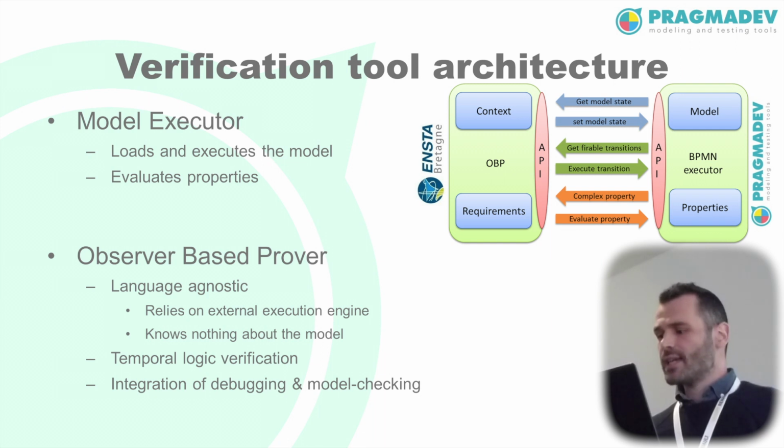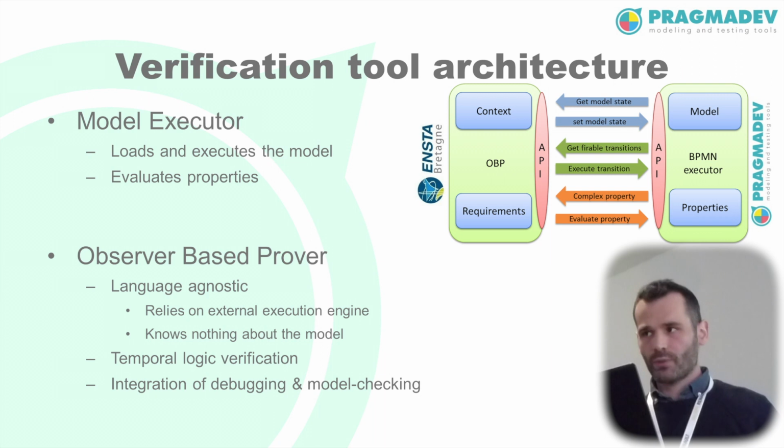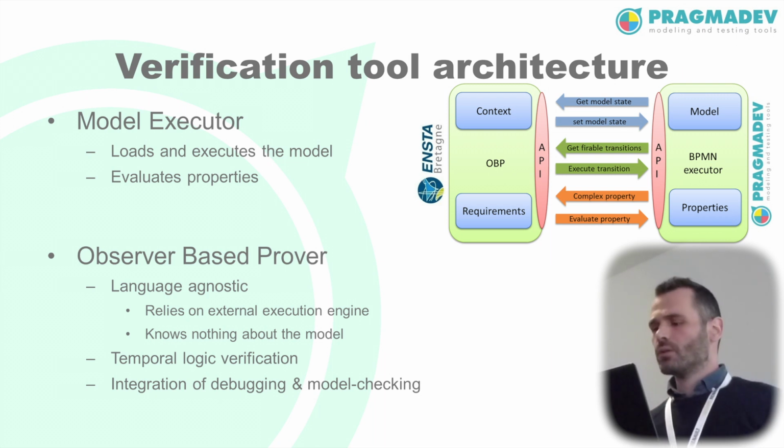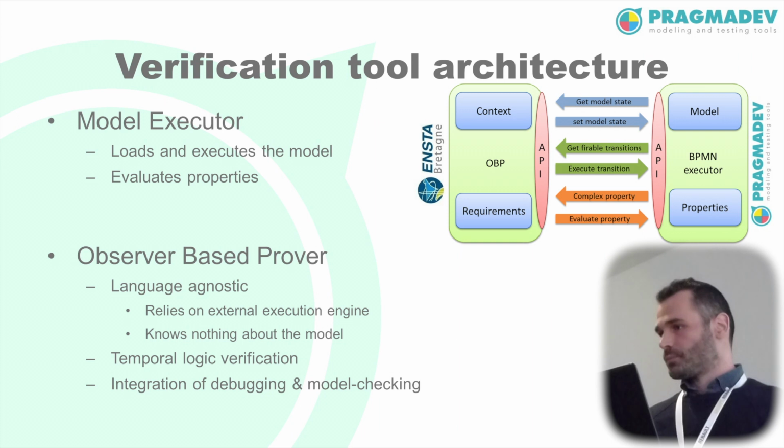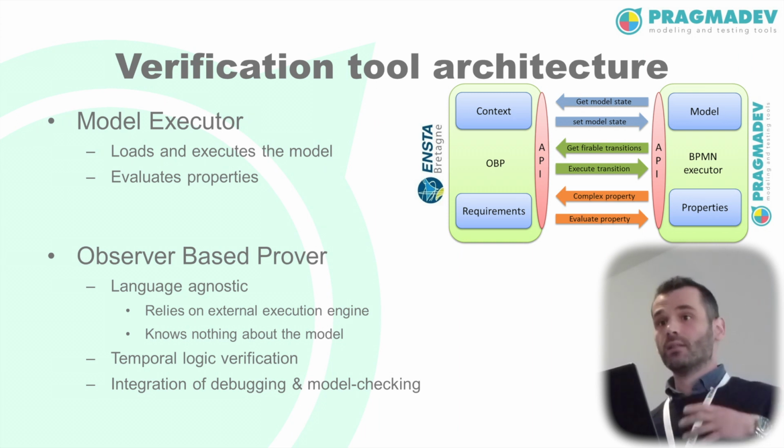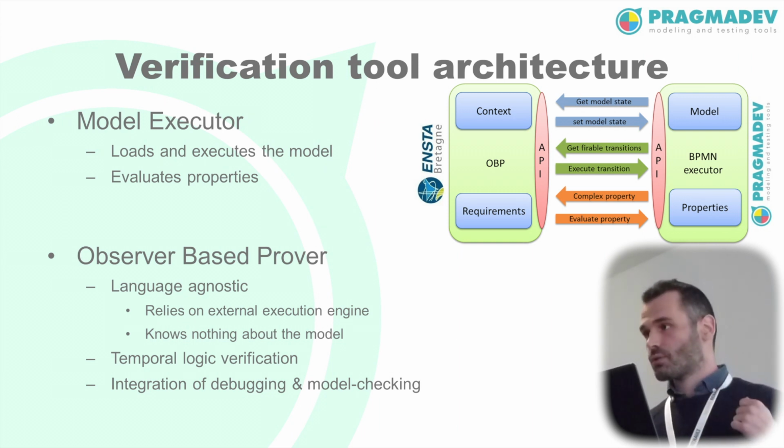is that it relies on external model execution that is compliant with model semantics. So basically, OBP, or the observer-based prover tool, does not know anything about the model. It does not even load the model. It leaves this task to the model executor, whose semantics and way of functioning I described in the previous slides.